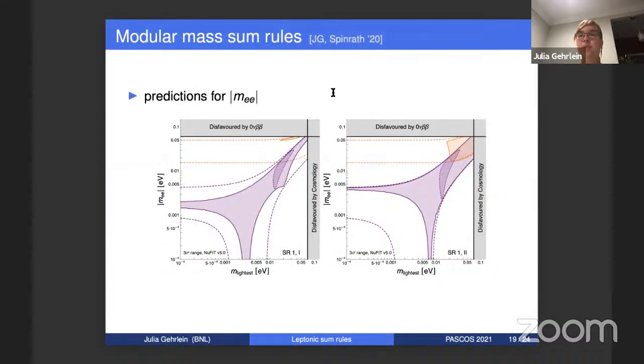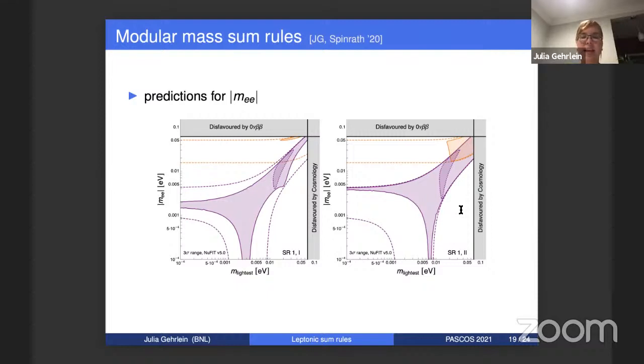Here I show then the predictions for the observable in neutrinoless double beta decay, mee, over the lightest neutrino mass. The full purple region is the model prediction in normal ordering. This orange region is the model prediction for inverted ordering.